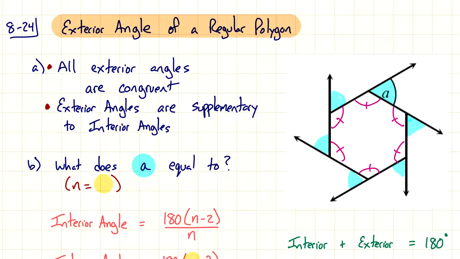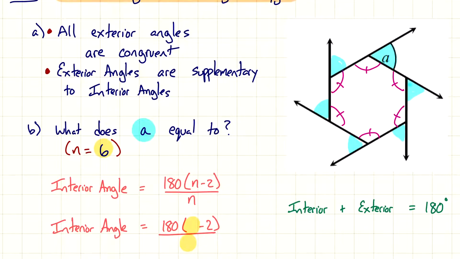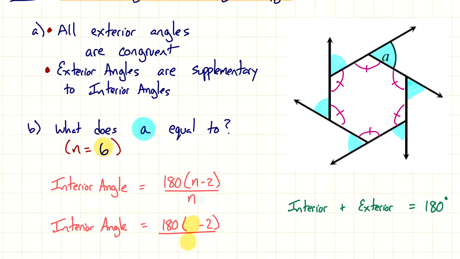So n equals... we want to know how many sides there are. So in this case, there are 6. And we know a formula to calculate the interior angle, which is 180 times (n minus 2) over n.